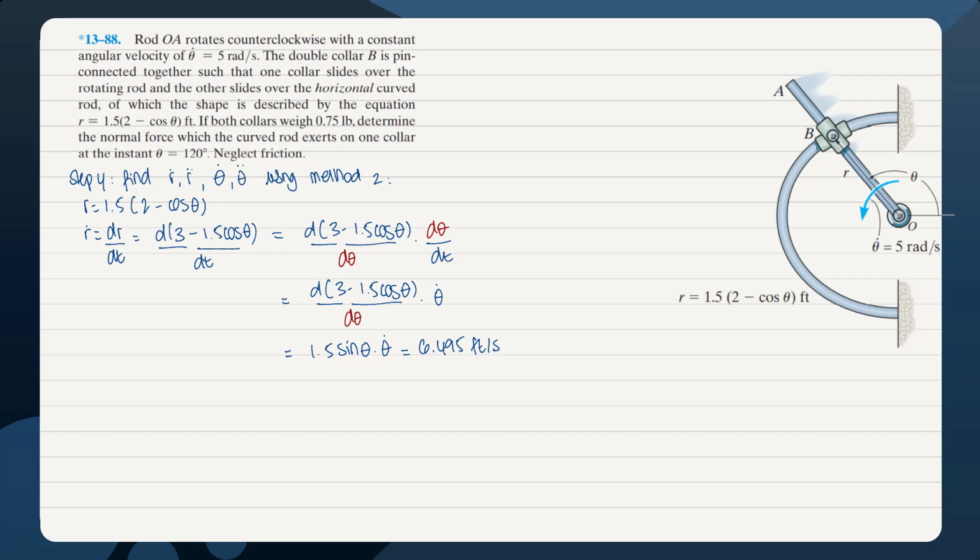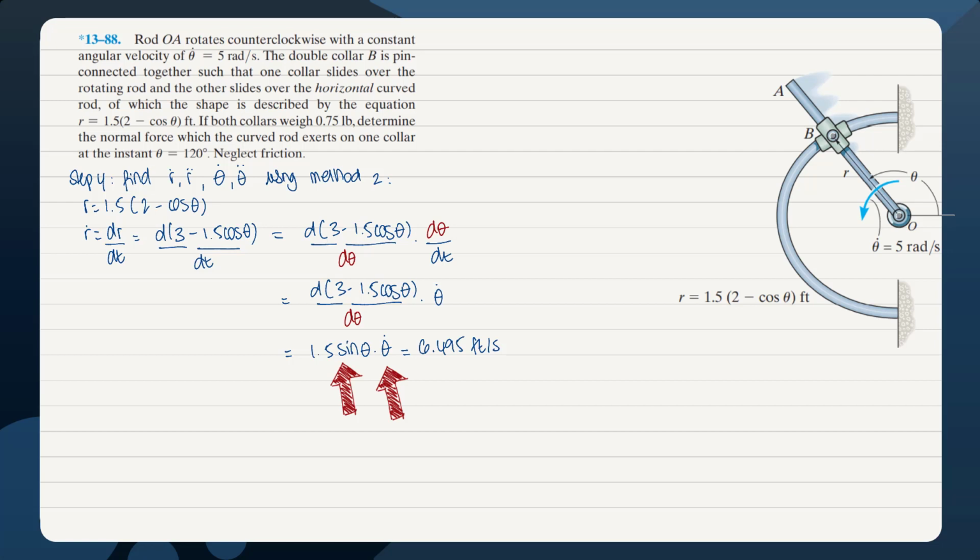Now separating the two terms together, we have d theta over dt is equal to theta dot. And now we need to take the derivative of the expression of r, 3 minus 1.5 cosine theta. We derive that with respect to theta and we end up with a value 1.5 sine theta. That's for the first term. The second term remains as is, theta dot.